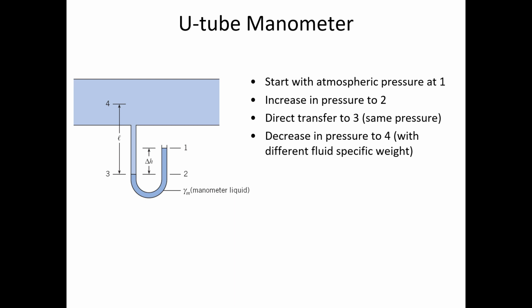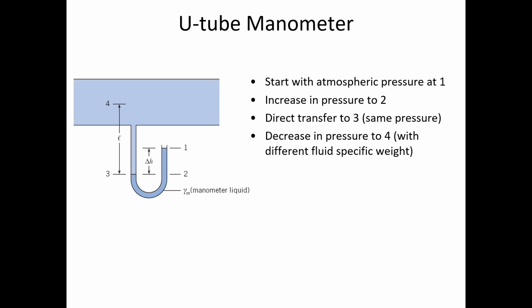And if you're choosing a really dense fluid, then the delta H doesn't have to be as big as it would with water. So that avoids the issue of having like 90 meters of deflection. If you're using mercury, the specific gravity of mercury is 13.56.